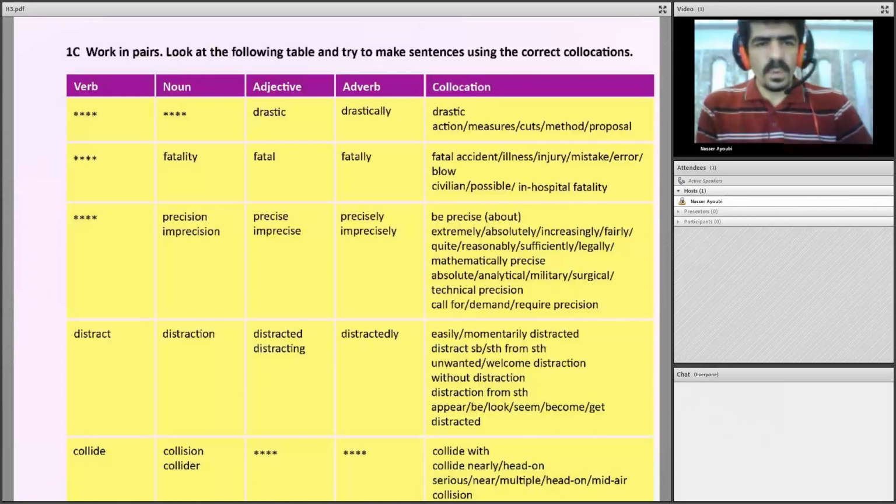For example, drastic situations require drastic measures, or recent violence made it necessary to take drastic measures, or drastic cuts. You need to urgently make drastic cuts in your sugar use.